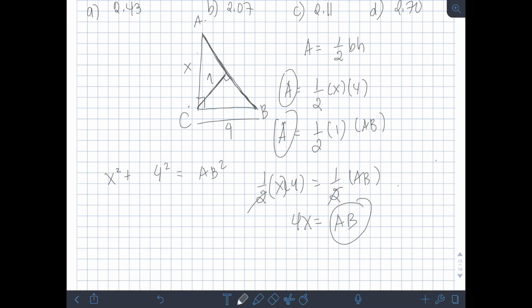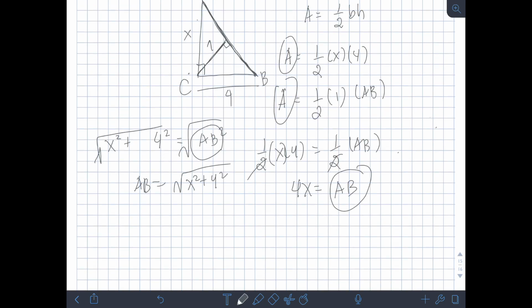So, the sum of the squares of the legs is equal to the square of the hypotenuse, Pythagorean Theorem. So, therefore, we can substitute pala AB in terms of x as AB is equal to square root of x squared plus 4 squared. So, meron tayong 4x is equal to square root of x squared plus 4 squared.